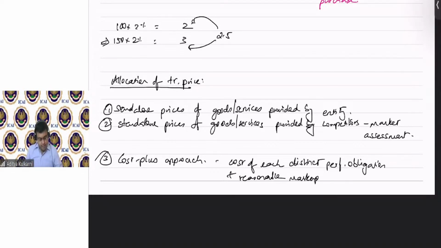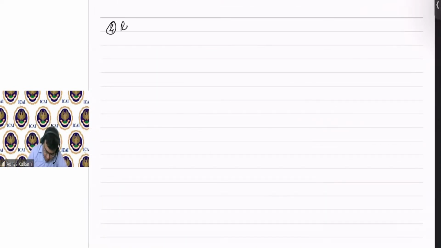And finally, if this method also does not work, then you follow the residual method. Okay, what is the residual method? I have a car, warranty, servicing, free service.